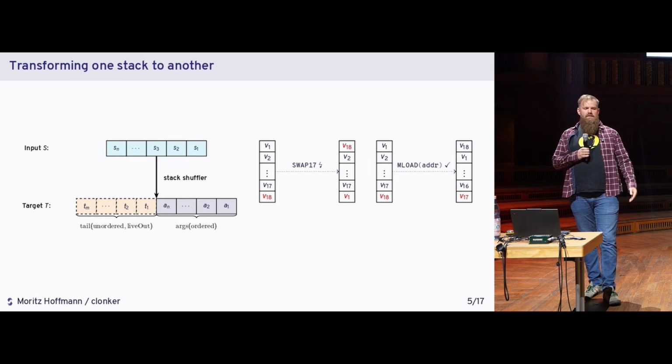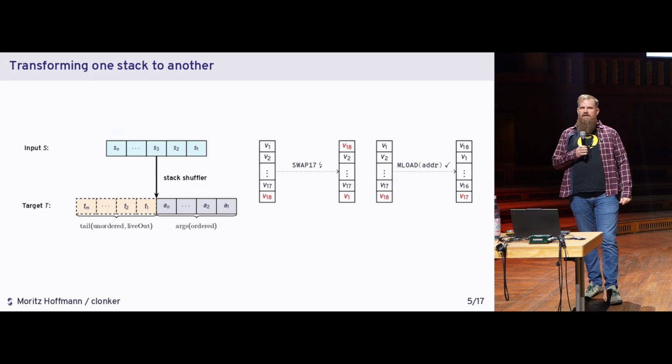If we cannot remove any of the stack slots in between, because that would cause a loss of information that we couldn't recover from symbolically, then we are in a so-called stack too deep situation, where we would have to essentially execute a SWAP17, which means I will exchange V1 with V18 directly. And that, as of now, doesn't exist in the EVM opcodes. So we can't do it, essentially.